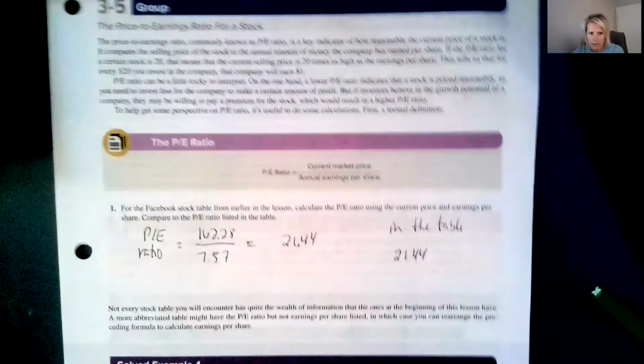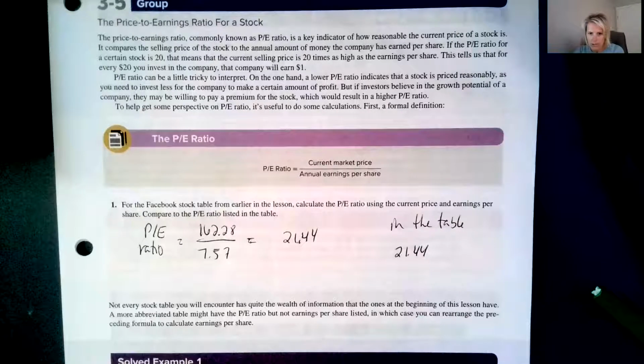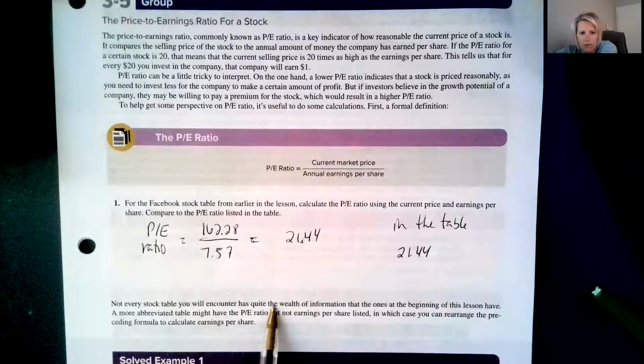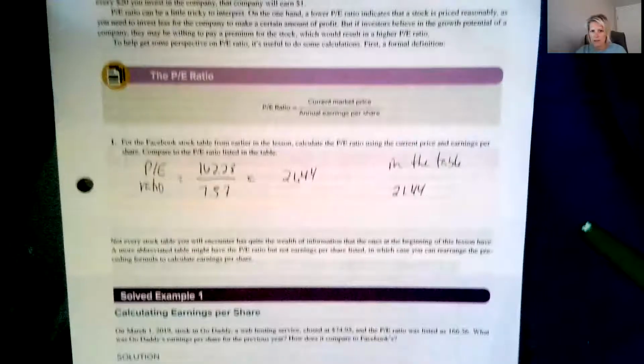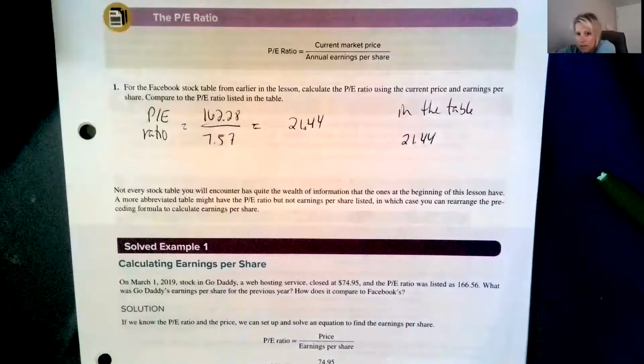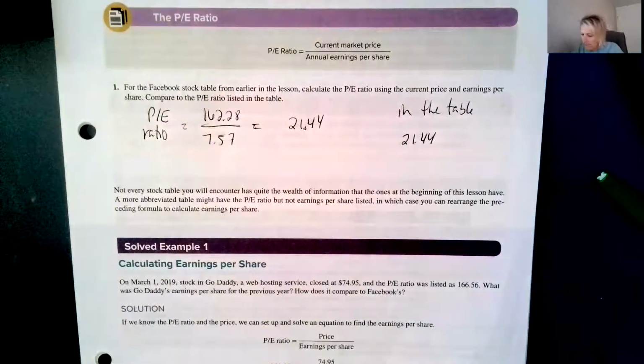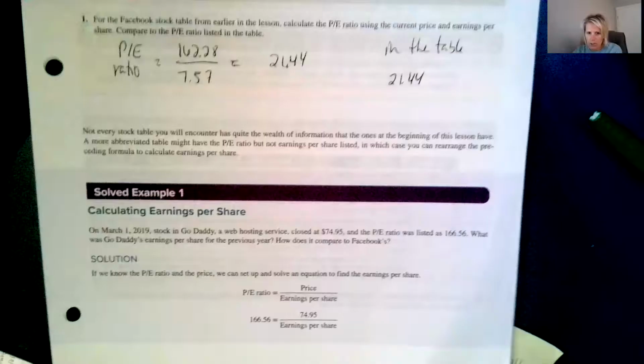Not every stock table you will encounter has quite the wealth of information that the ones at the beginning of this lesson have. A more abbreviated table might have the PE ratio, but not earnings per share listed. In which case you have to do some solving to find that. Down below, they show how you might have to solve for that.